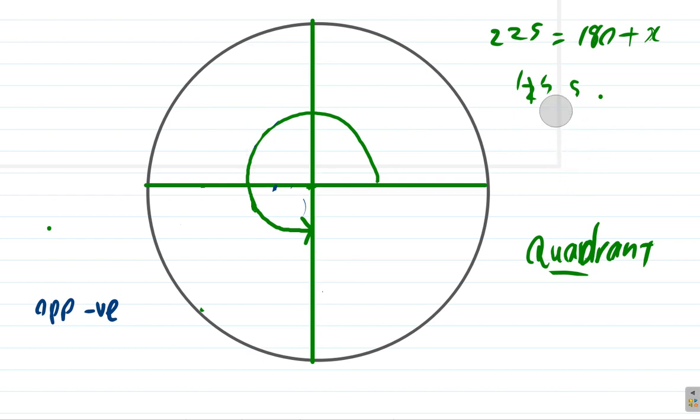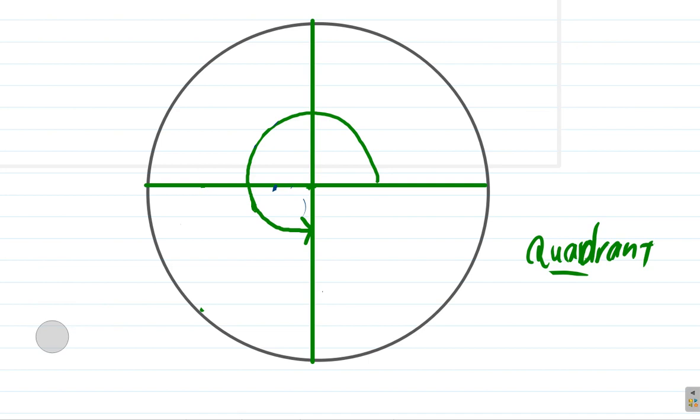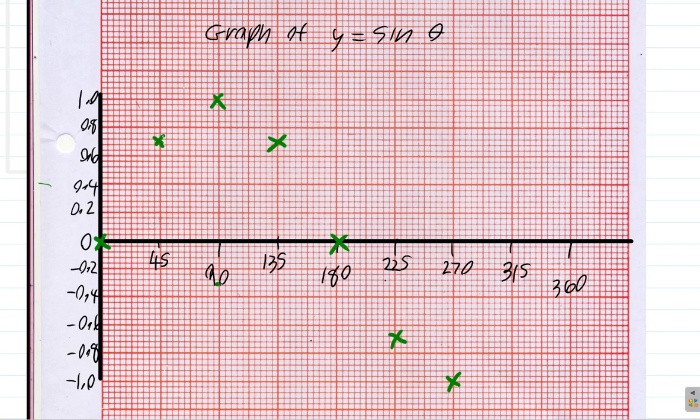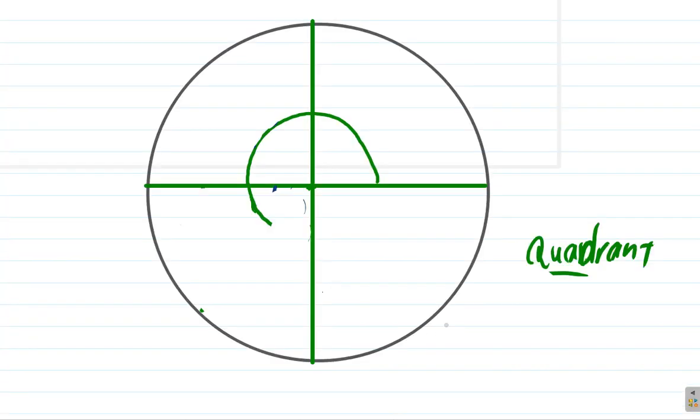Let's clear some part of the board so we have space to work. Oh, I didn't erase this part. Let's erase the head of this arrow. Now, what was the angle again? 315 degrees. Where's 315?